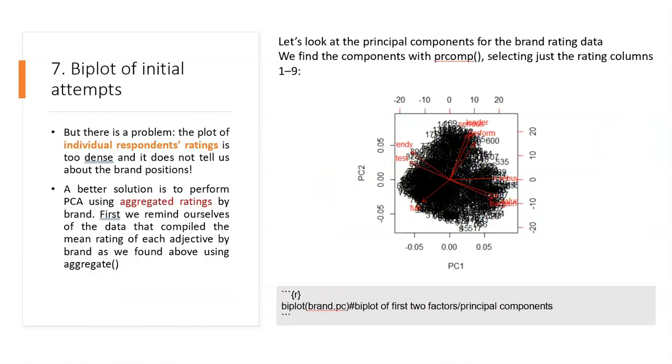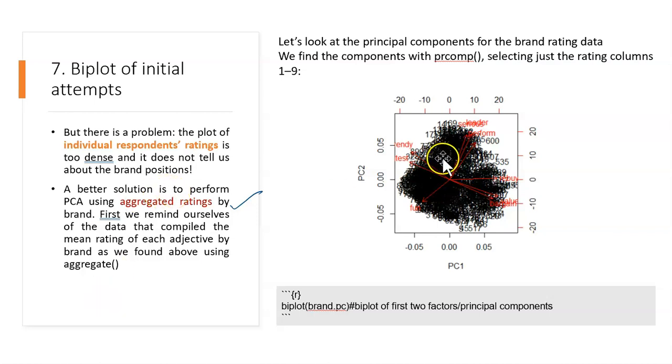Next we plotted a biplot, and these arrows are showing the adjectives, but it's a very busy chart. The reason is that we plotted it on all the individual respondents, and a better solution is to perform PCA using aggregated ratings.